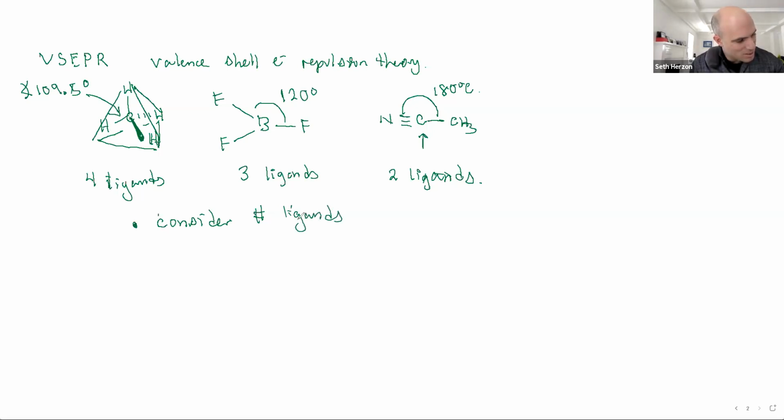And by ligands, I mean attached atoms, atoms that are attached to the atom of interest. Consider the number of ligands rather than the bonding, double bond, triple bond. You don't need to think about it from that perspective. Just consider how many things are around an atom. Okay.